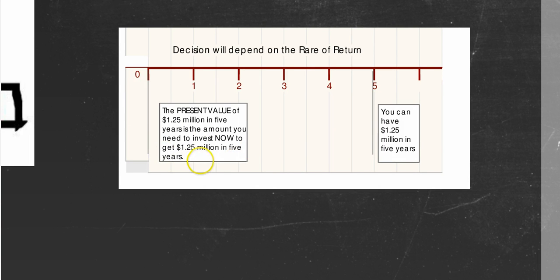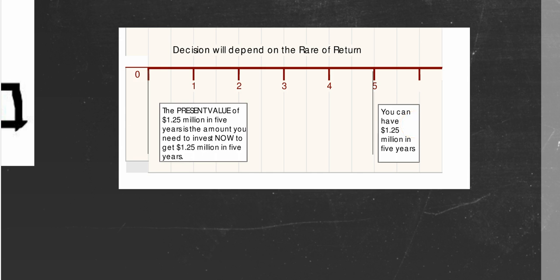We could get $1.25 million in 5 years by investing some amount right now and then earning interest over the 5 years. We can invest some amount which is smaller than $1.25 million right now, and have a rate of return that'll pay a return every year, and then in 5 years we would have $1.25 million.